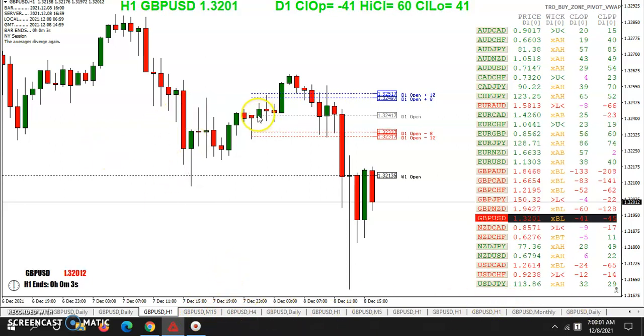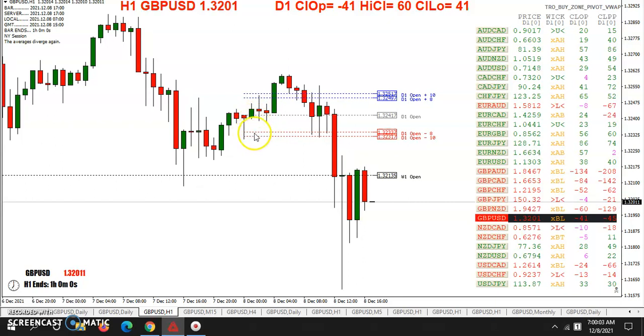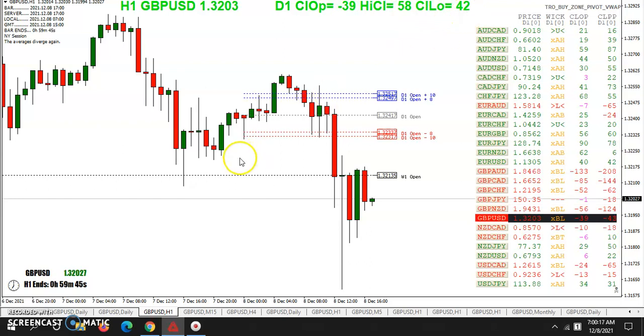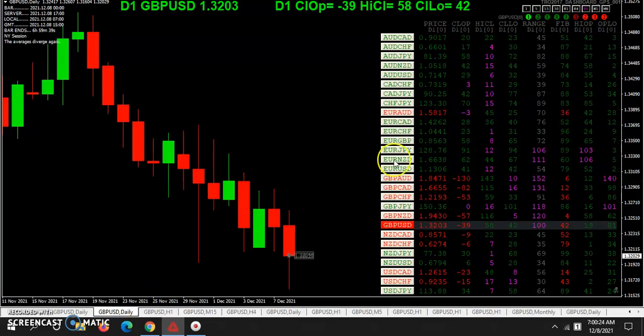So price opened, it ranged down, it ranged up, still not enough range for the day, and then it came back down, came up, still not enough range, and then it just tanked. Now we've got enough range for the day. Between here and here, it looks like we're at either 99 or 100 pips. And if we go back one chart, yep, we're right at 100 range for today.